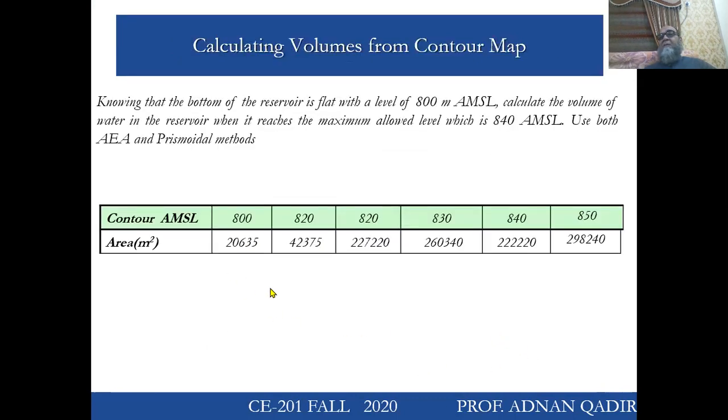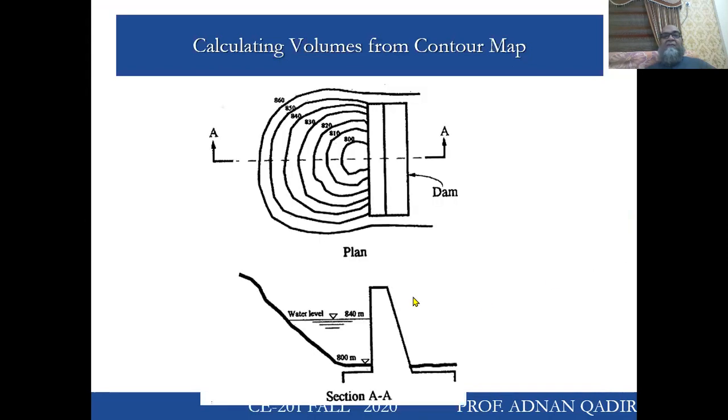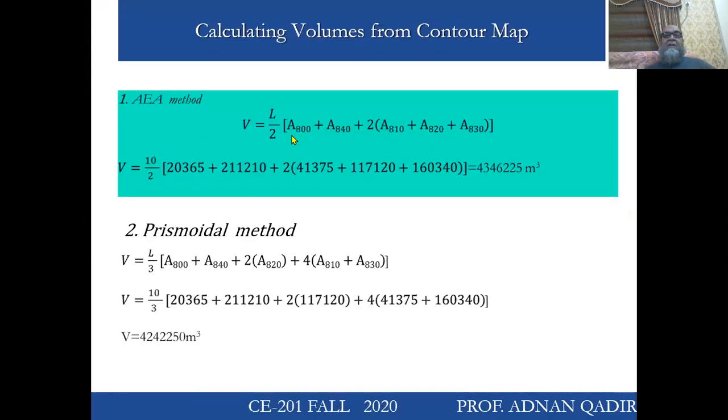Again, the same problem with a different example. Now you have to calculate the area between 800 and 840. In this problem, the only difference is that you are going to ignore this 850. You can use the same formula: last plus this plus 2 times the other, by the average area method or prismoidal method, this plus 2 times and this 4 times. So this again is a continuation of what you have learned before.